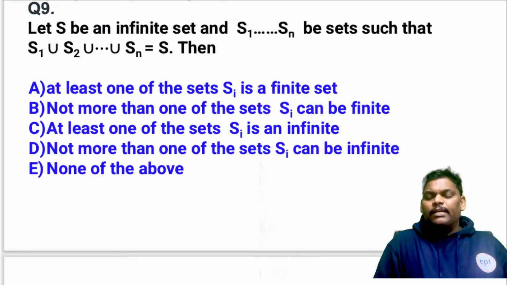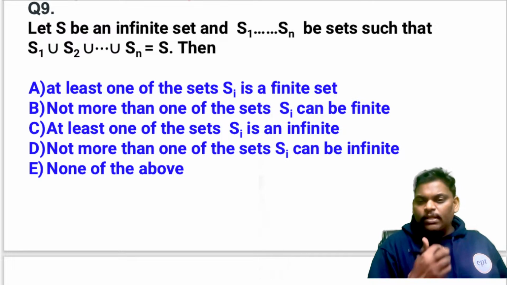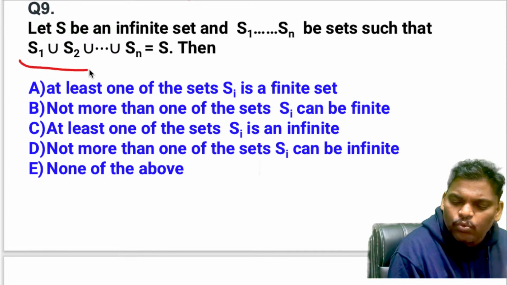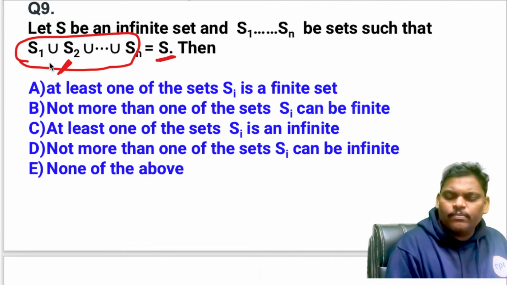Let S be an infinite set and S1, S2, up to Sn be sets such that the union S1 union S2 union and so on up to Sn is equal to S. Then what about all these sets? The total union is S, which is infinite, which means at least one infinite set is required.